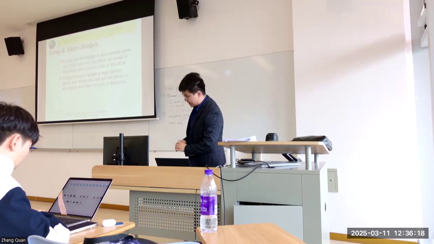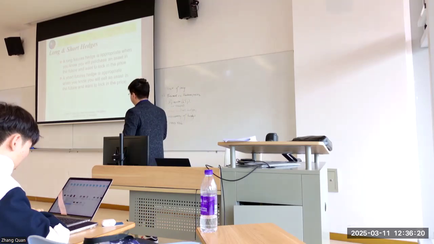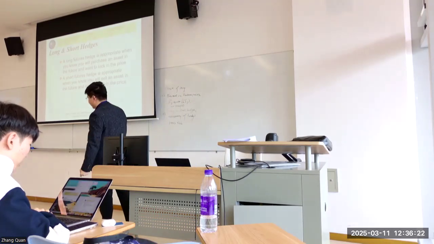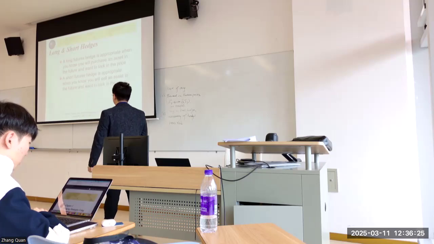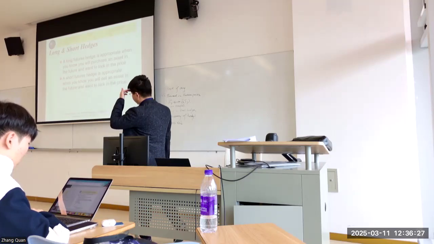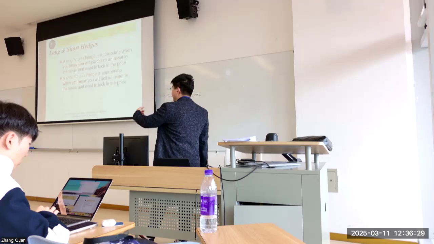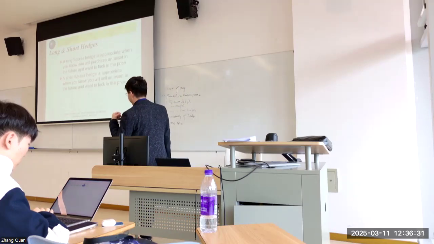Long and short hedge basically means that if you take the long position of the future contract, you are taking a long hedge. The purpose is also very straightforward: if you would like to purchase at a future time point, you take the long position.